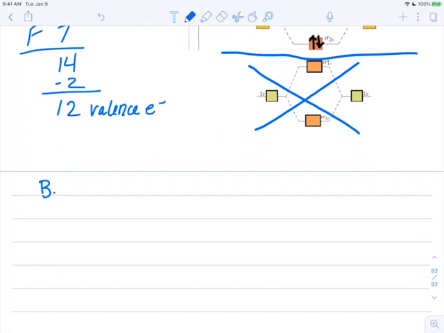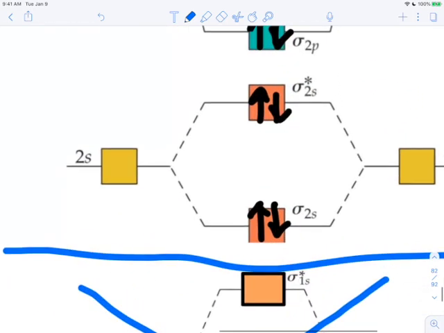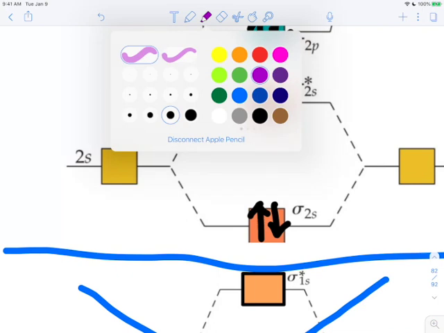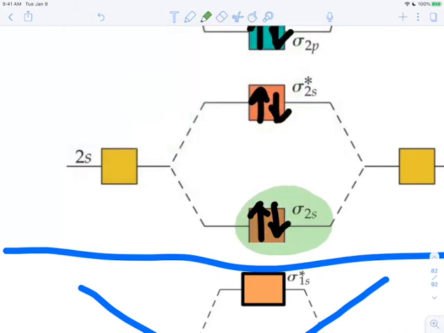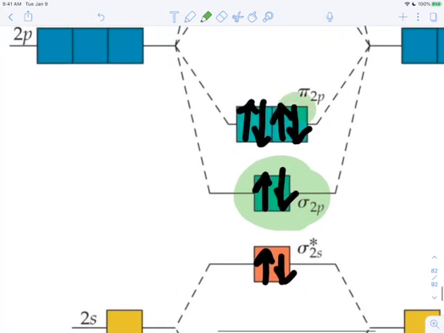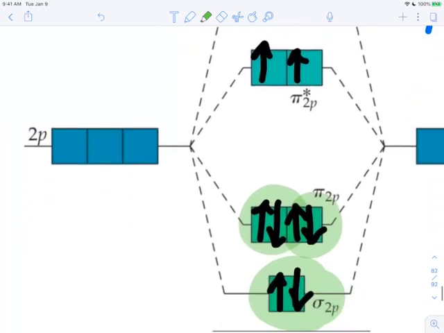All right, so we're doing our bond order. 1/2 bonding minus anti-bonding. So it looks like bonding, we've got 2, 4, 6, 8.